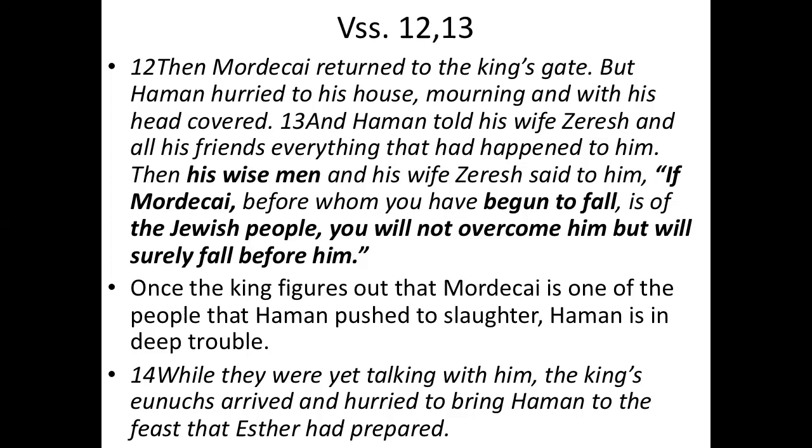And if he finds out that Mordecai is one of these Jews and Mordecai is the one who saved his life, that's bad news for Haman. It doesn't even really have to get that far. They're starting to recognize that if this Mordecai is a Jew, then Haman, you're in trouble, because eventually the king's going to put two and two together.